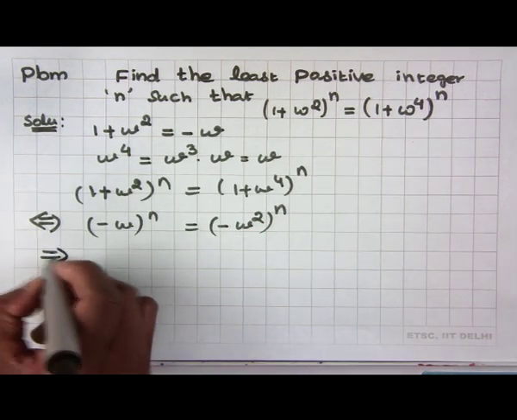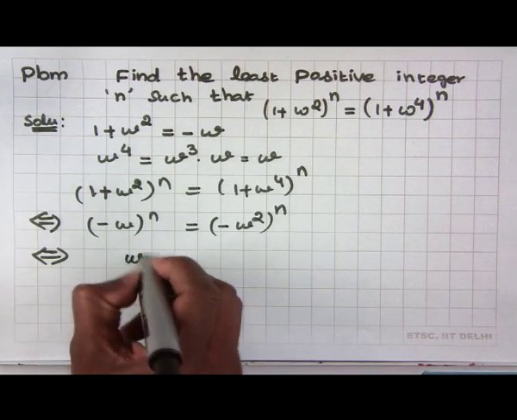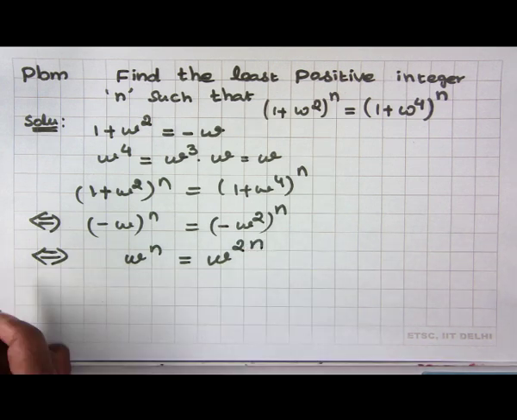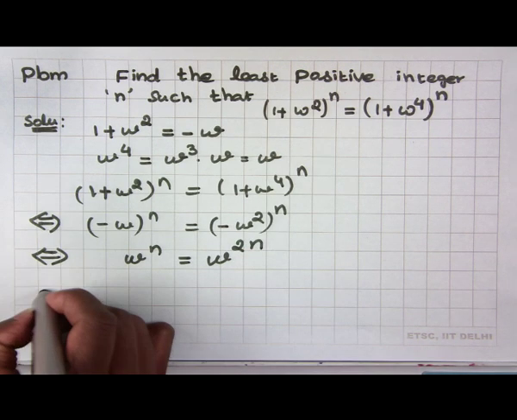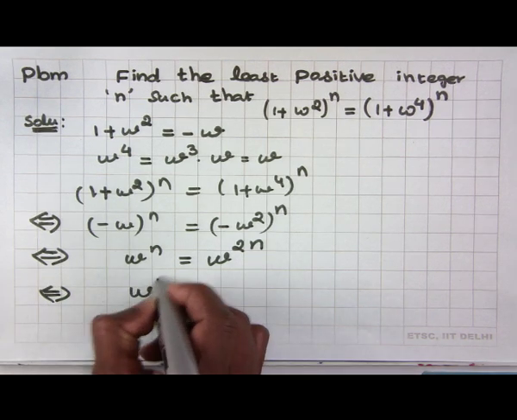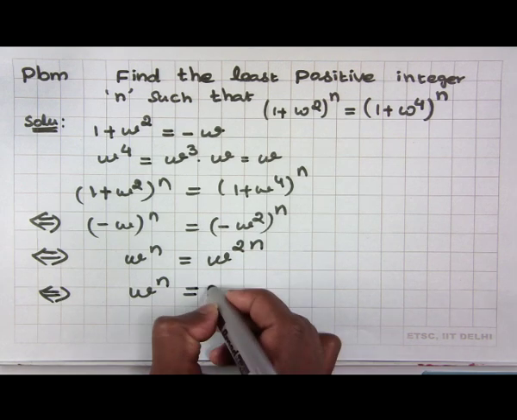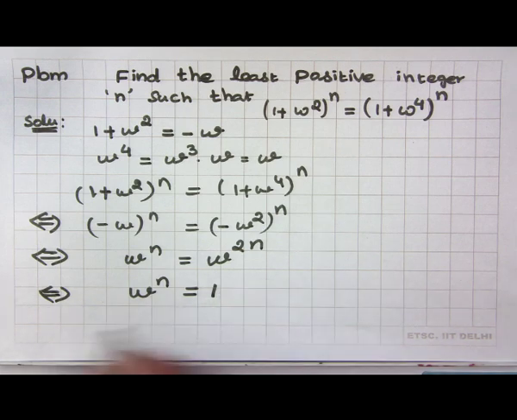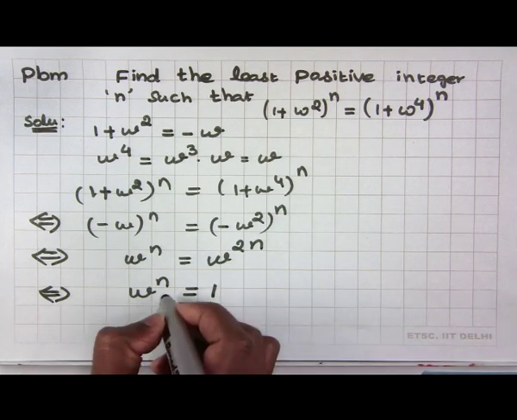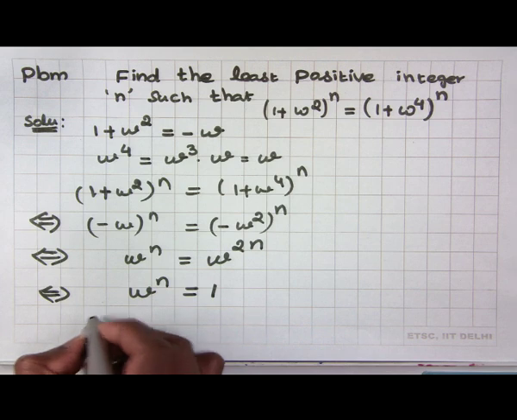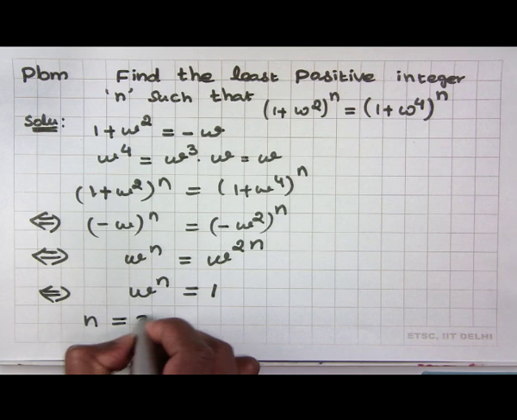This satisfies if and only if omega power n is omega power 2n. This satisfies if and only if omega power n equals 1, where we just cancel the omega power n. We are asking what is the least value of n which satisfies this, which is simply n is 3.